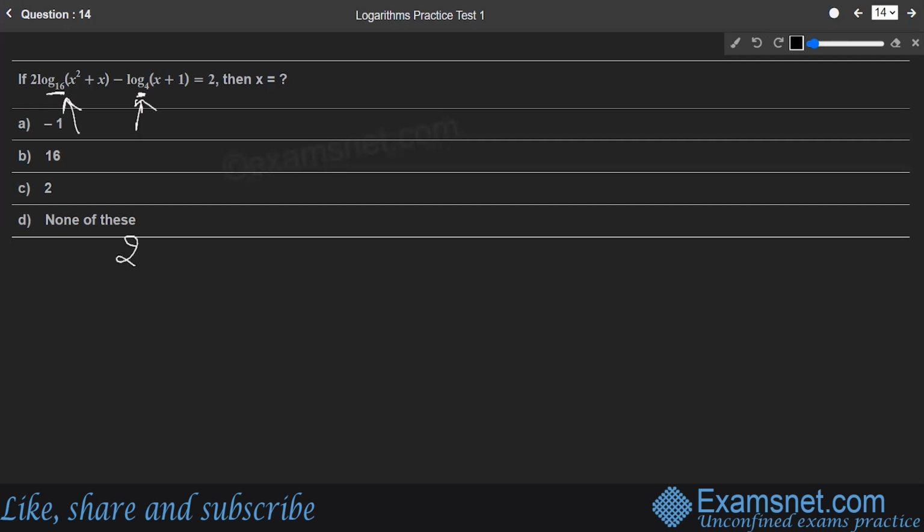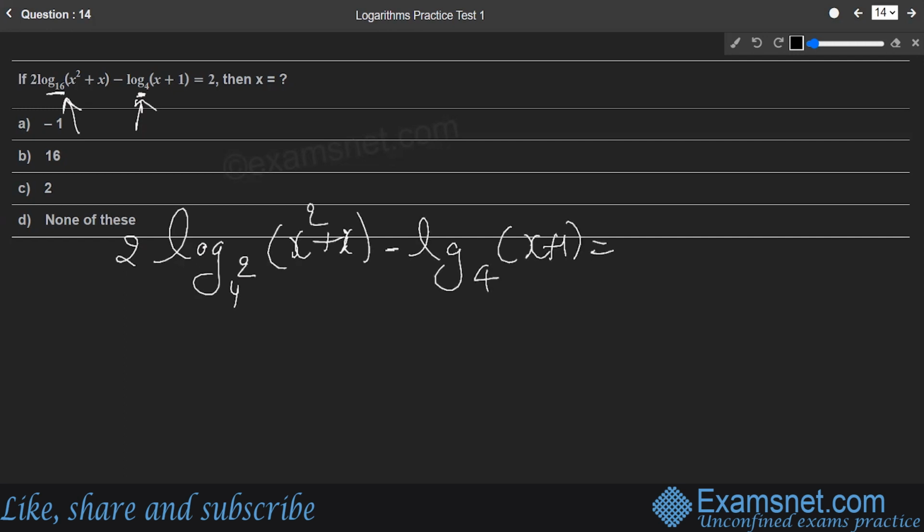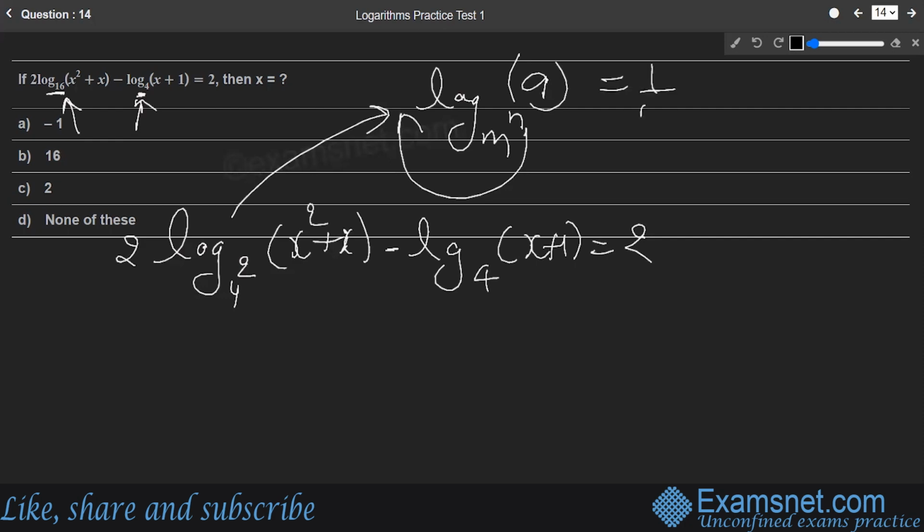So let us try the first part. We're going to make the 16 in terms of 4. So we can write 16 as 4 square. And then there is x square plus x minus log of base 4 x plus 1 is equal to 2. That's what is given to us. Now for operating this, we have got a property. If you have got a power over the base, if the base is m and it has a small power n, and then there is a simple number a, then the base's power goes back and divides, like 1 upon n, this becomes 1 upon n log base m a.